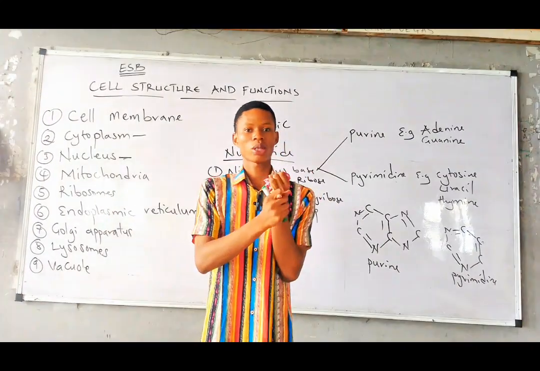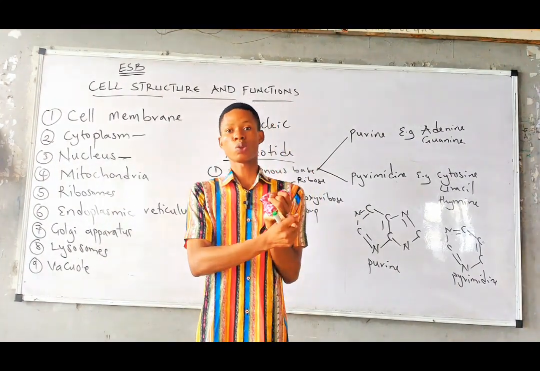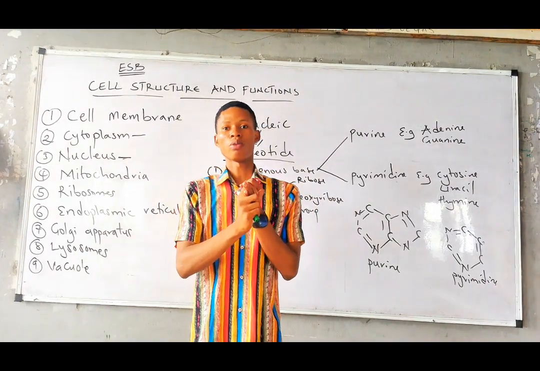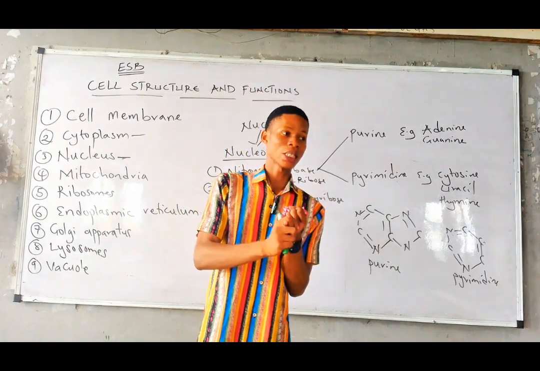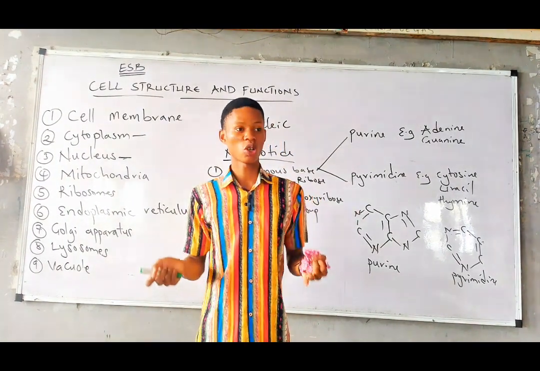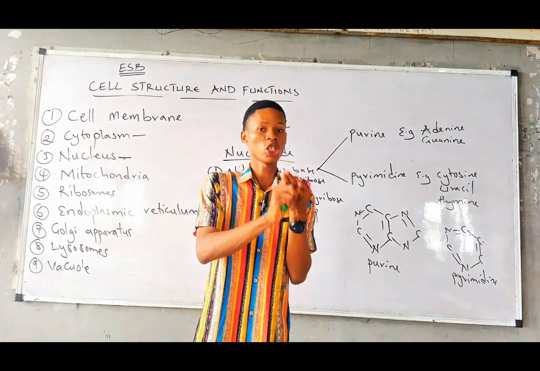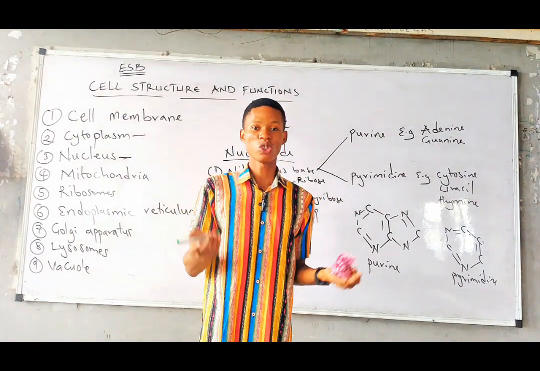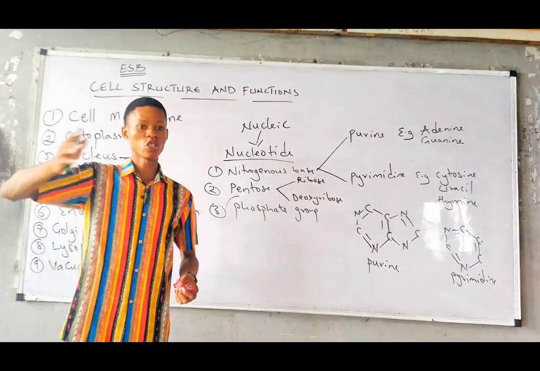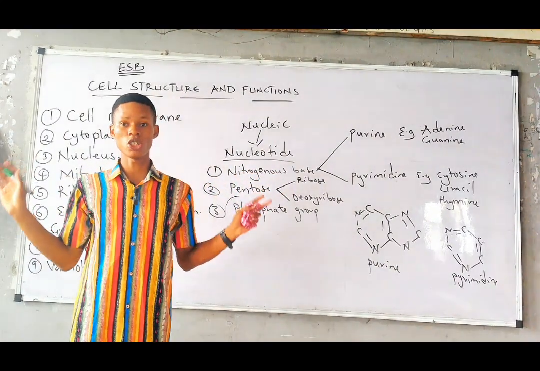The TCA cycle, the tricarboxylic acid cycle, takes place in the mitochondria to release energy. Beta oxidation of fatty acid also takes place in the mitochondria to release energy. The electron transport chain is found in the mitochondria. So the mitochondria is the powerhouse of the cell where cellular respiration takes place to release energy.